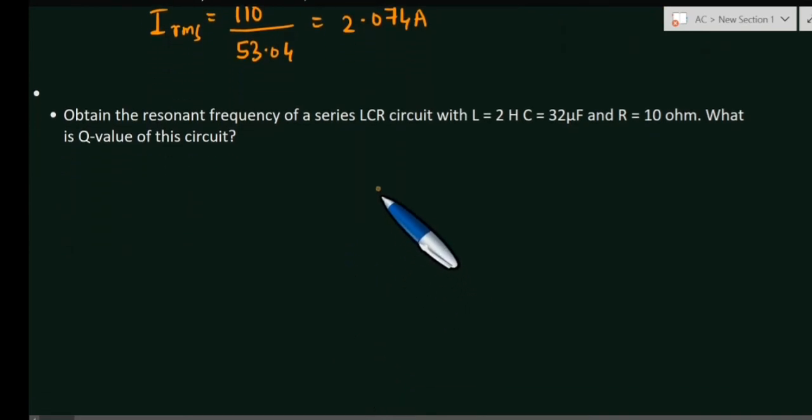Obtain the resonant frequency of series LCR circuit. So resonant frequency they are asking here in a circuit with L value is 2 Henry and C value is 32 microfarad and R value is equal to 10 ohm. So they have given the LCR circuit.